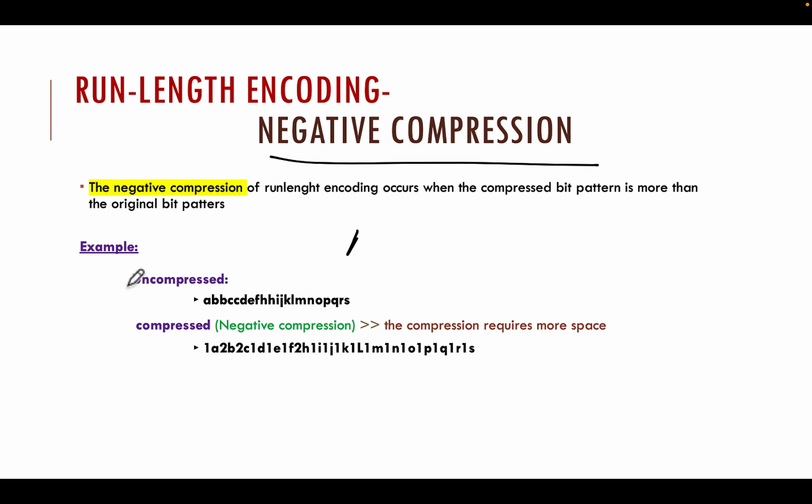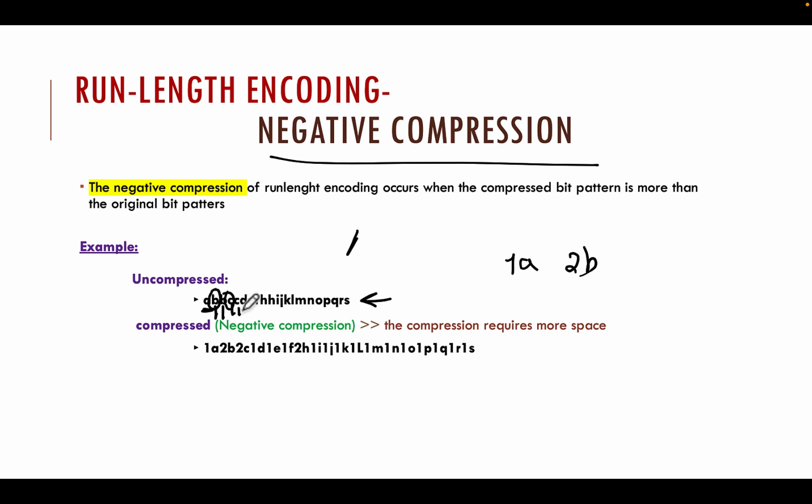Here we have an uncompressed text, which has A, B, B, C, C, D, E, and so on. If we compress it, we take the first one, which is an A. So we see 1A, because there's only 1 A. Then we look at the second one. This is a B. There is 1, 2. 2 B's. Then the third one now. This is a C. So how many C's? 1, 2.